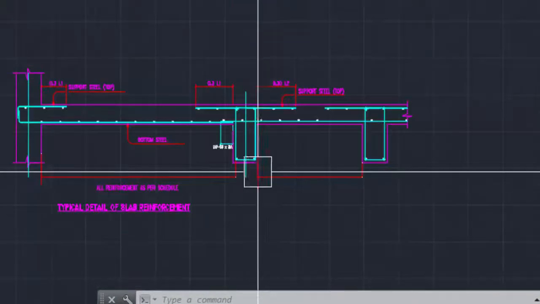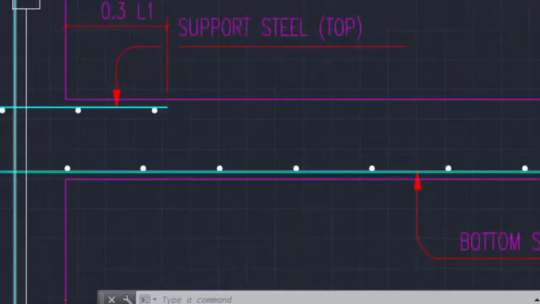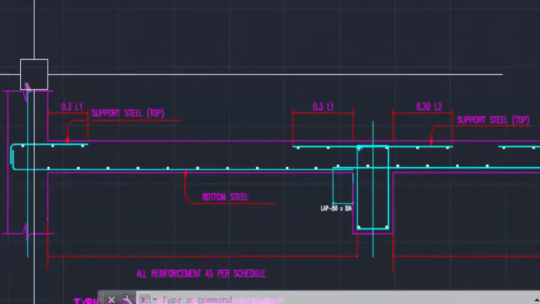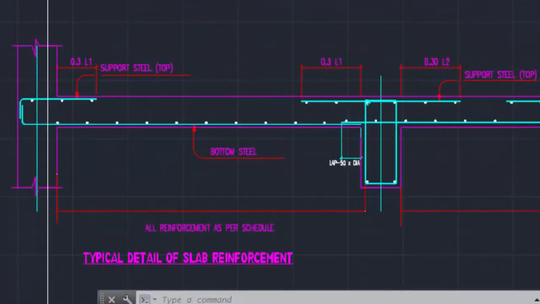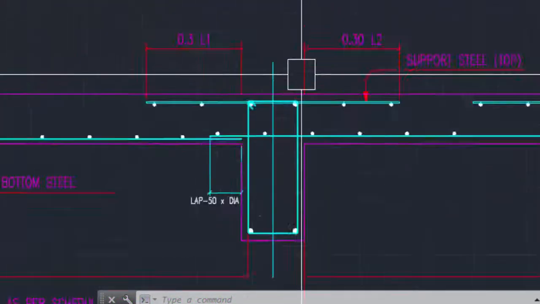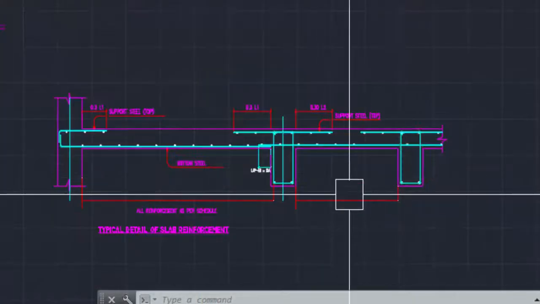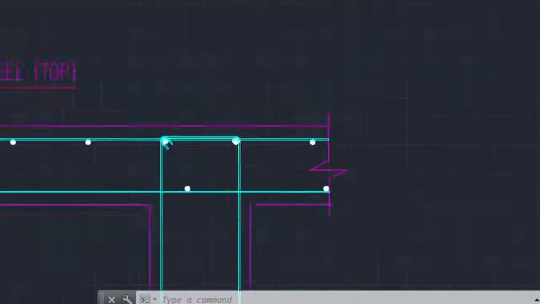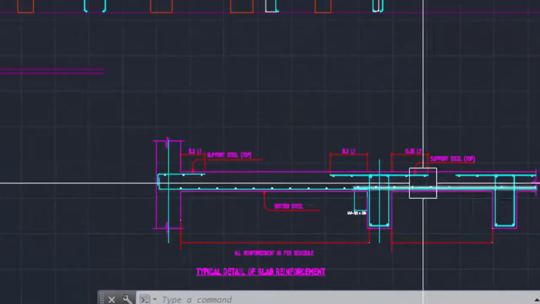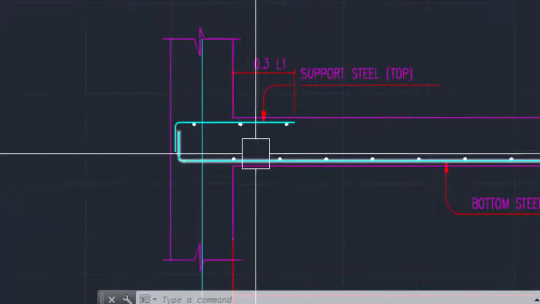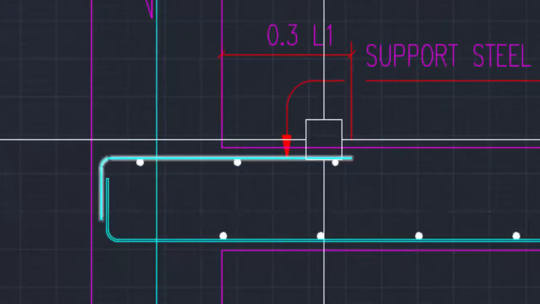Okay, so this is the typical section of the slab. As you can see, the column is running through the slab, which means there is a column going down and a column going up, and this is called the center support, which means the slab continues running towards the next support. As you can see, there is a top bar.